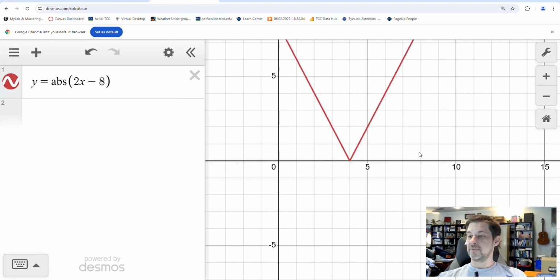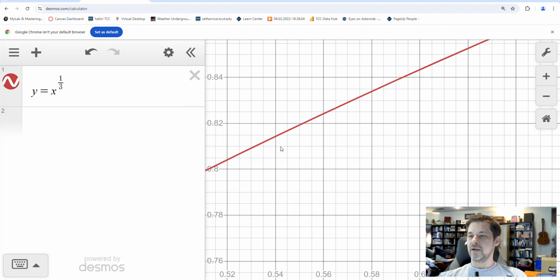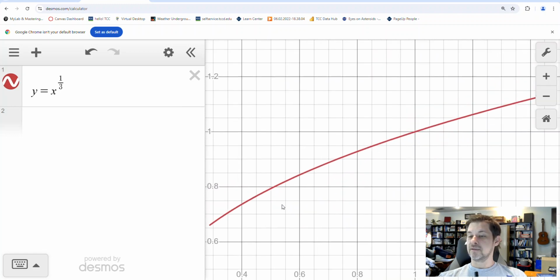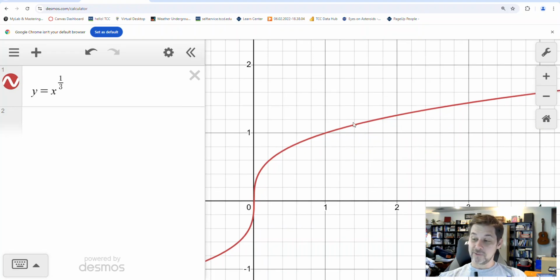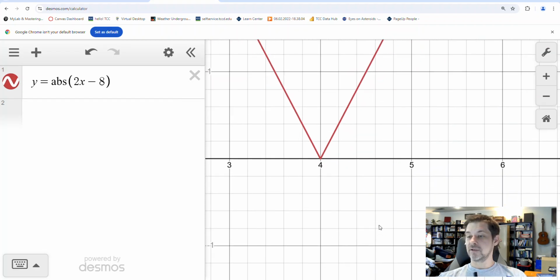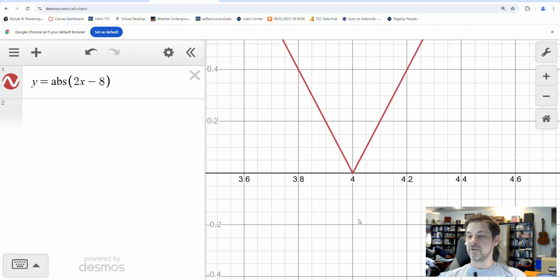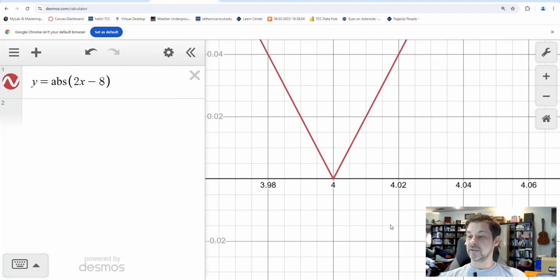So here's a graph that has a corner point. Unlike this one, where as I zoomed in, what looked like a curve began to look like a straight line, that's not going to happen here. As I zoom in on that corner, I'm just going to see more of the corner. It will never smooth out into a line, or into anything that I can measure the slope of.